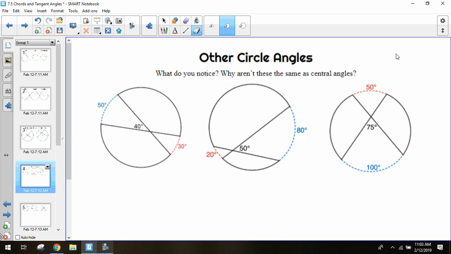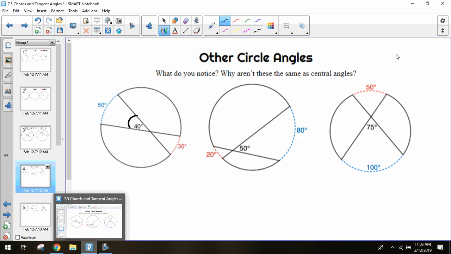Student: It's that the angle is like the distance. I don't know. The angle of like, not the arc. Like this inside angle? Yeah. Okay, so your actual angle. It's like a number in between the two arcs. Okay, so your angle is in between your two arcs. Yep, that's true.